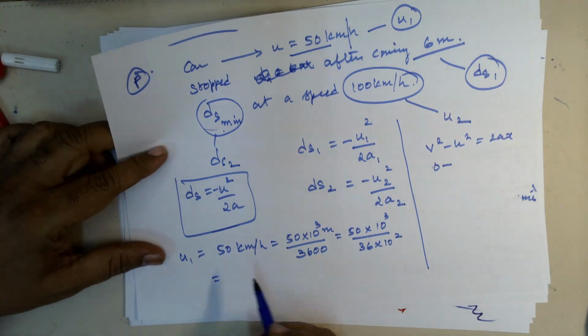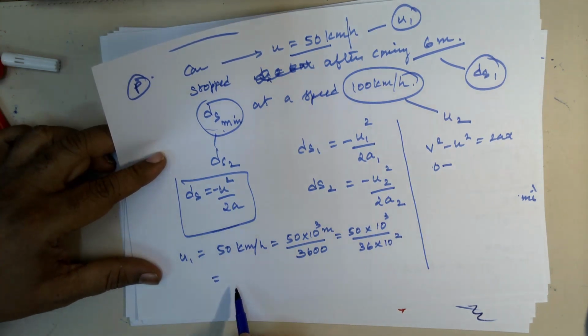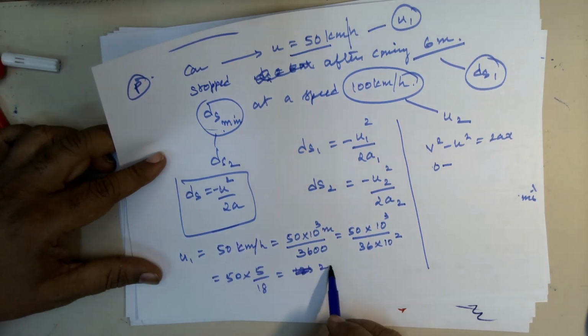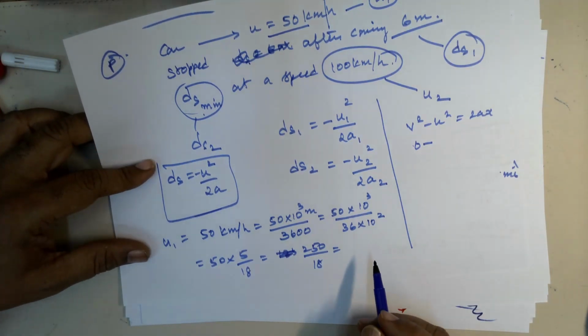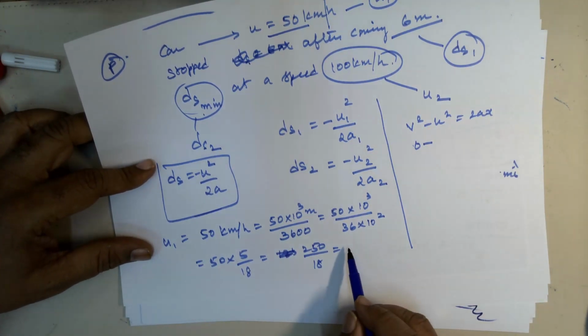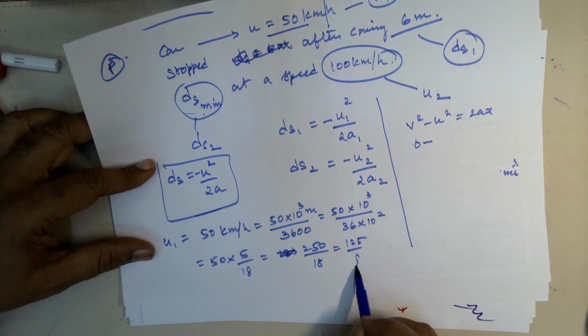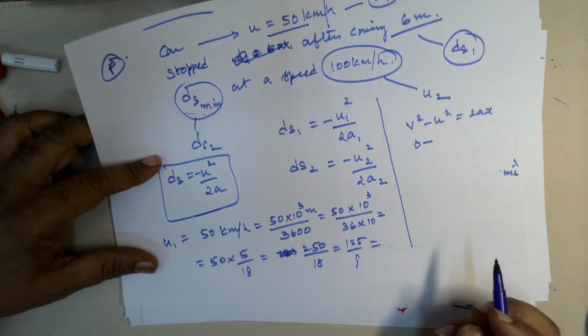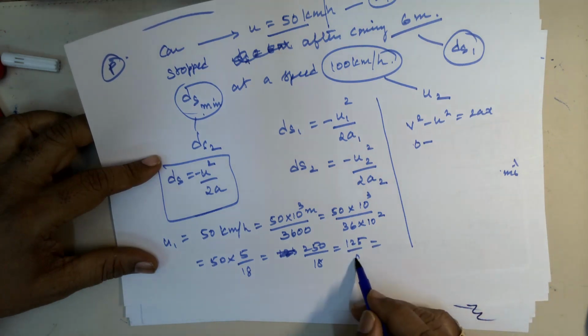Right. So now the result is 50 into 5 by 18, 5 5s are 25, 250 divided by 18. How much? 125 divided by 9. You can use the calculator and tell me. 125 by 9.